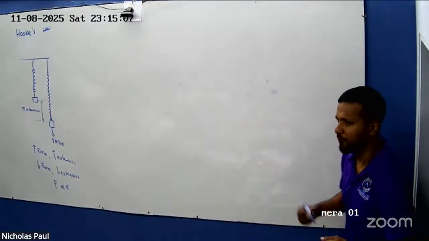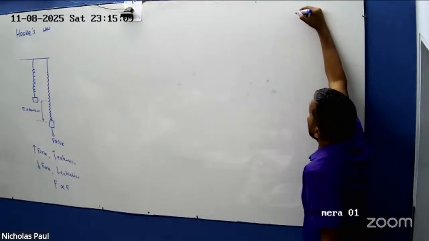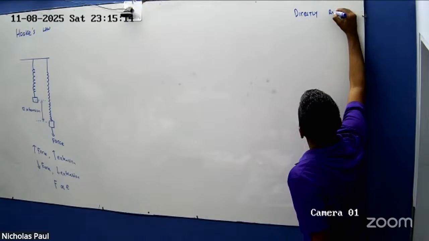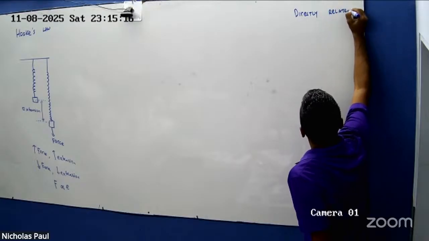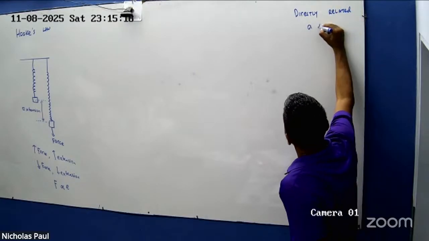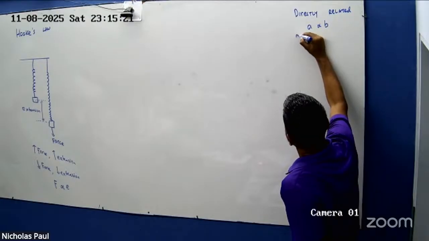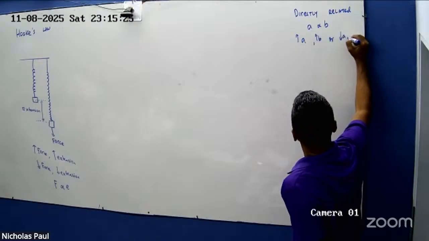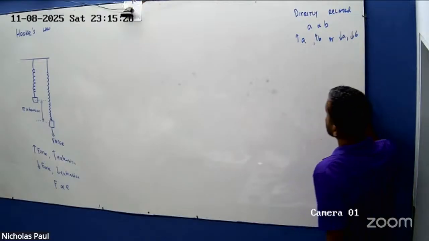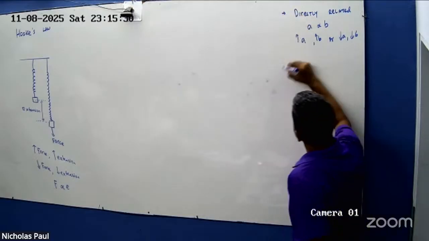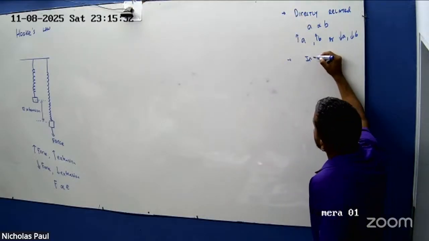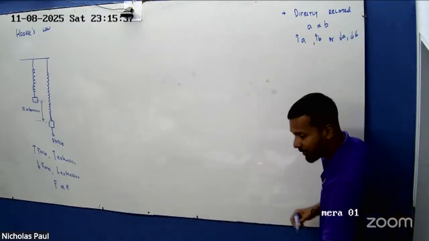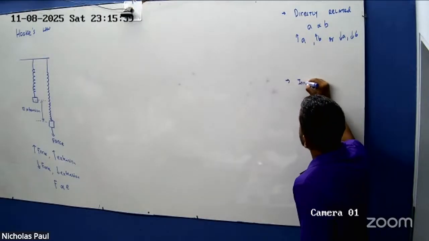I'll just give you something small on those words, right? Sometimes you see the word directly related or directly proportional. It means that A is proportional to B. It means that as A gets big, B will also get big, or as A gets small, B will also get small. That's the first thing. The second thing is something called inversely.